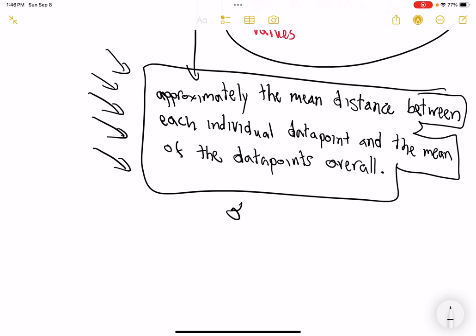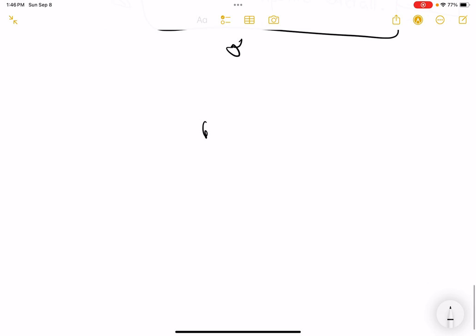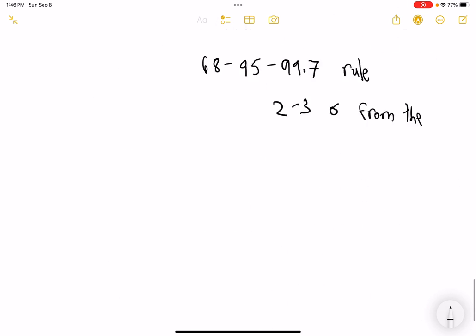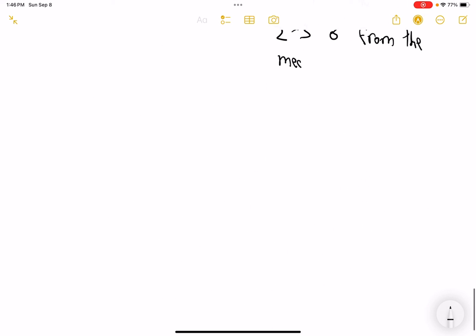All right, remember, of course, the 68, 95, 99.7 rule. Oh, I should have done lines between each of them, right? 99.7 rule. Which doesn't just mean where the data sits, right? That's the whole rule about 2 to 3 standard deviations from the mean. Oh no! From the mean. On either side.